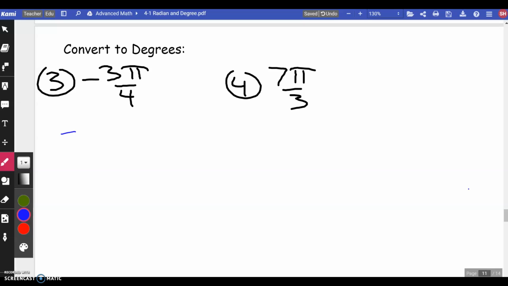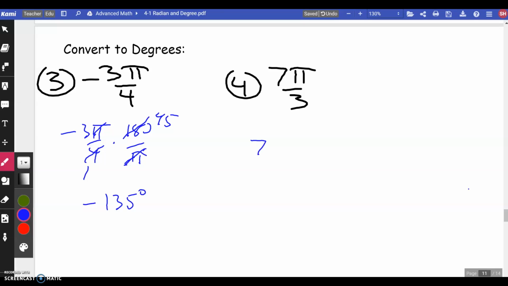All right, so negative 3 pi over 4 times 180 over pi. Pi's cancel. Let's see, 4 into 180 is 45. Negative 3 times 45 is negative 135 degrees.